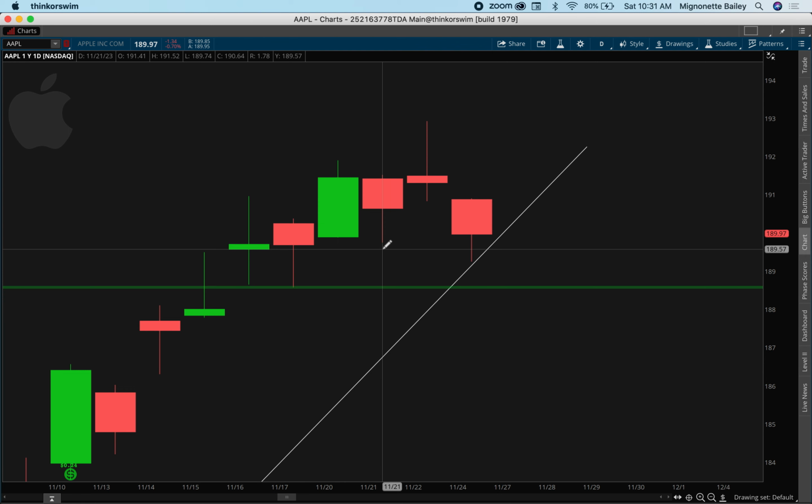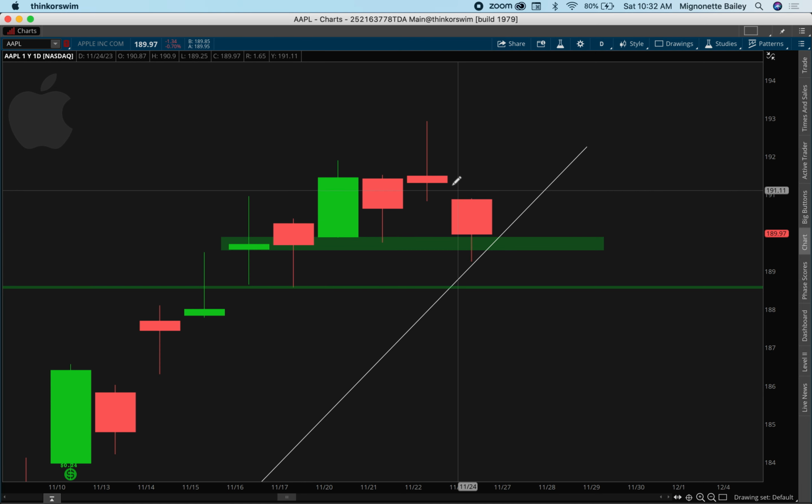We came down below it on Friday, but we bounced and we closed above it. So in this case, I wouldn't use the price tool. I would actually use the rectangle because it's a thicker zone. And I would just mark this entire zone right here as support. So all of this is support, and we're holding.